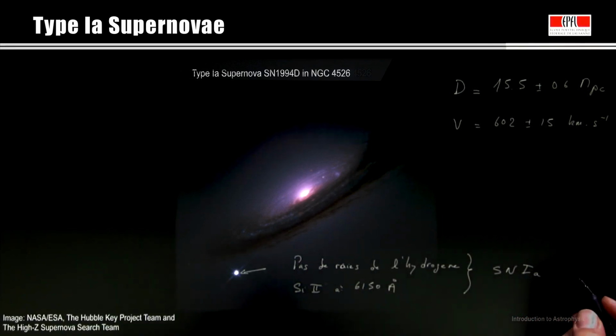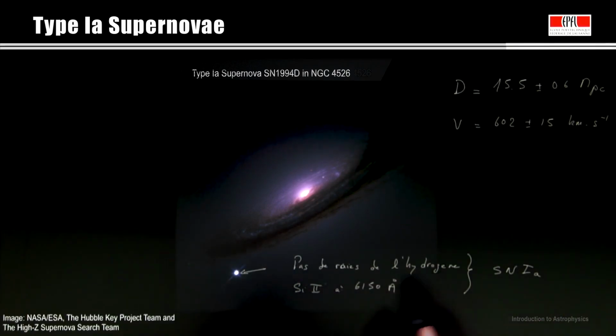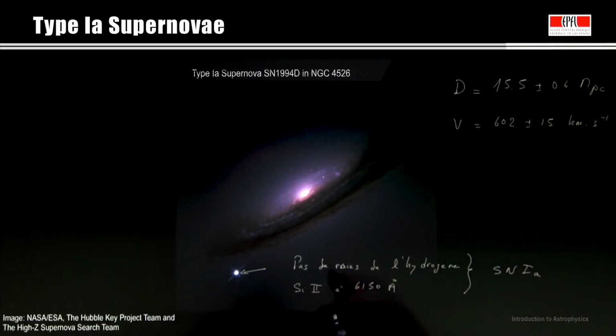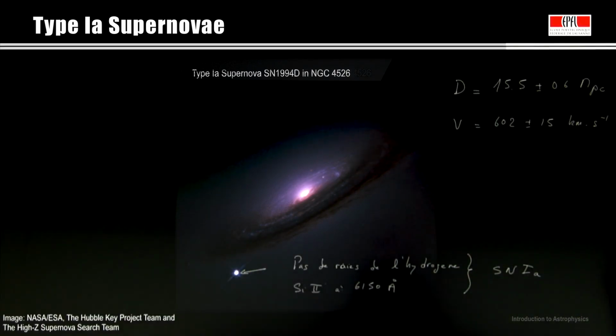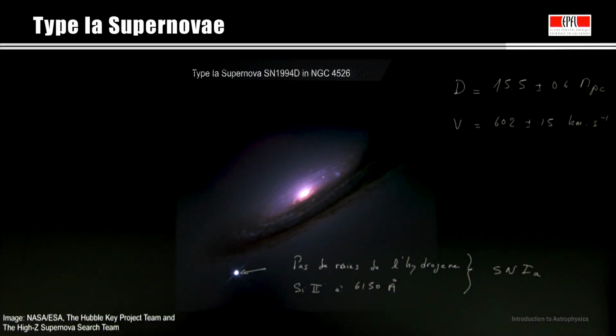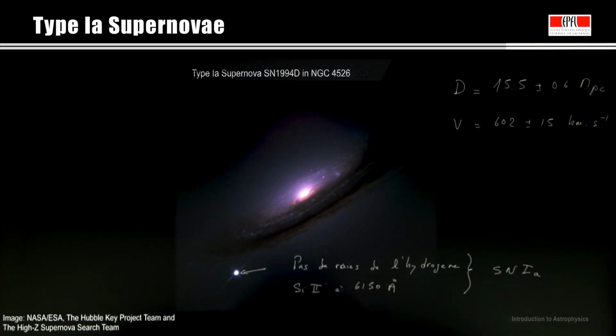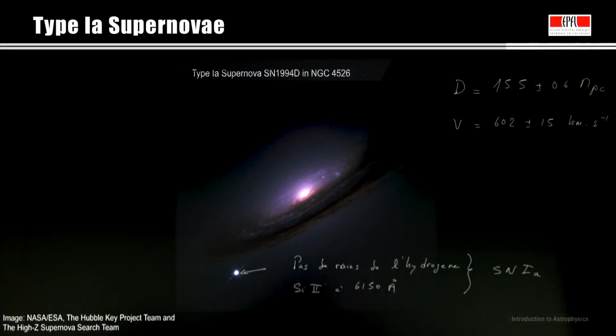When a supernova explodes, we can do two things. We take a spectrum, we look if there is no hydrogen, and if there is silicon, and we measure the light curve to get the apparent magnitude of the supernova, which will correspond to a given absolute magnitude. So we will have the distance modulus and the distance to the galaxy where the supernova is.